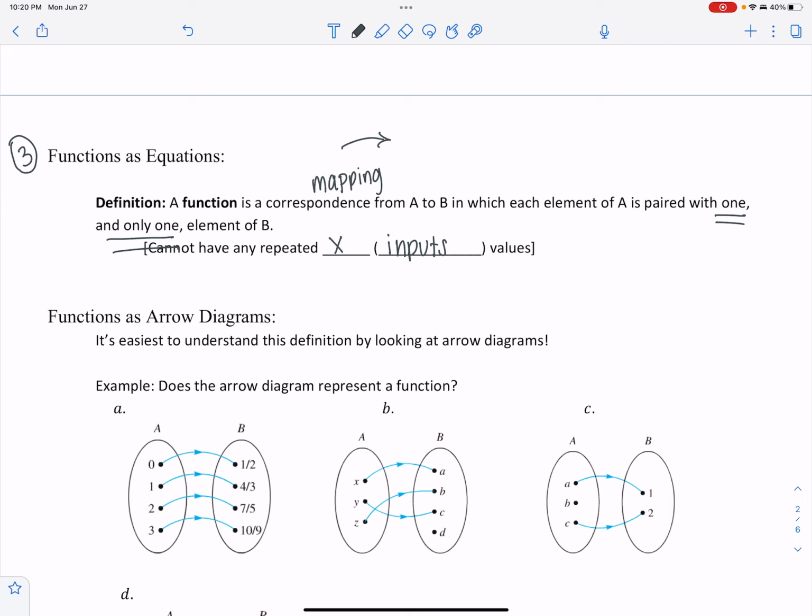If I have repeated x values, it is not a function.